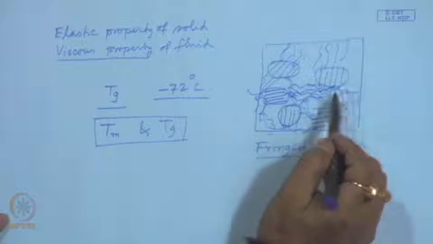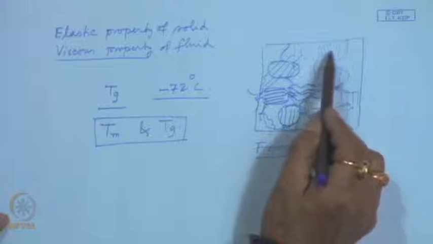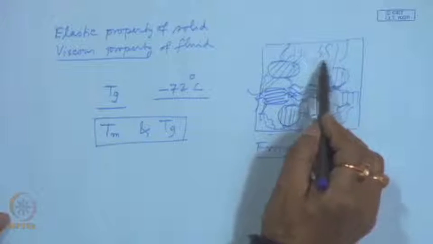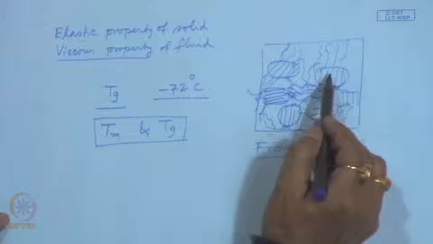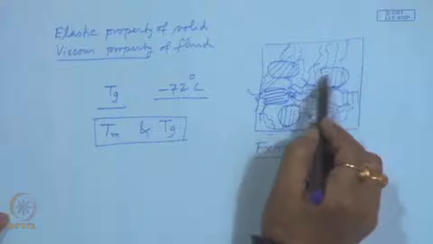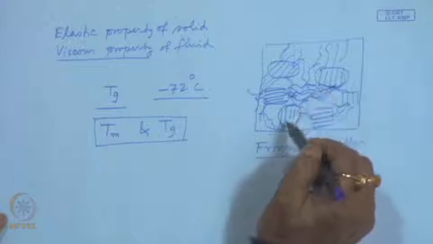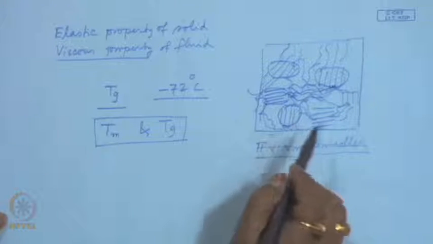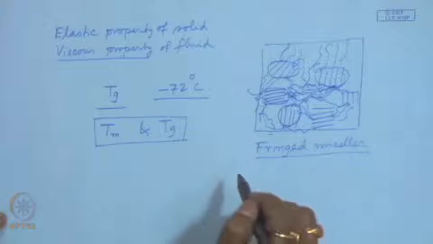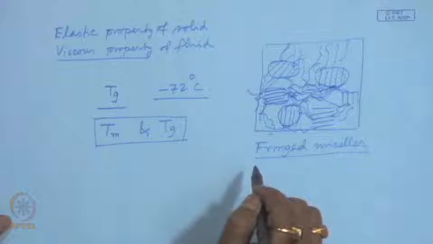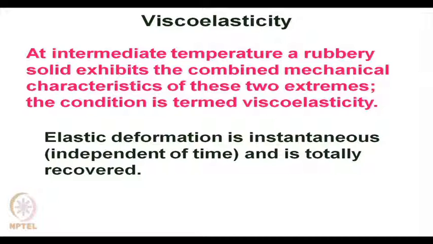Now, the viscosity property is contributed by these flexible zones, whereas the elastic property is contributed by the crystalline zones, the crystalline domains. The elasticity property can be explained with the help of Hooke's law, whereas the amorphous property can be explained with the help of viscosity phenomena.